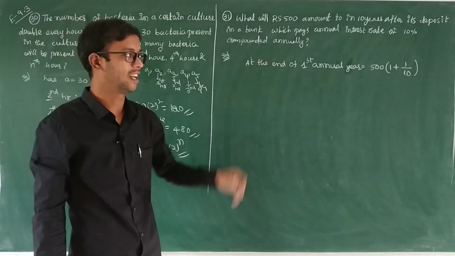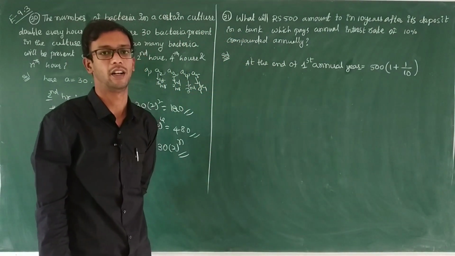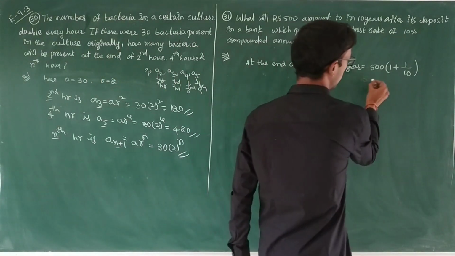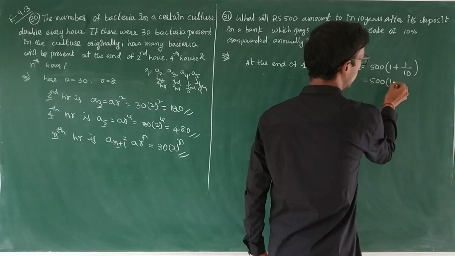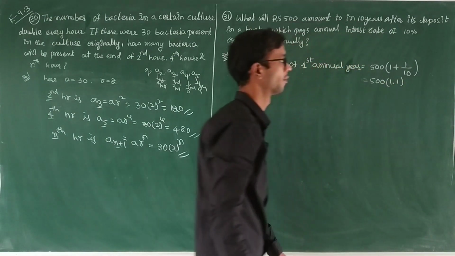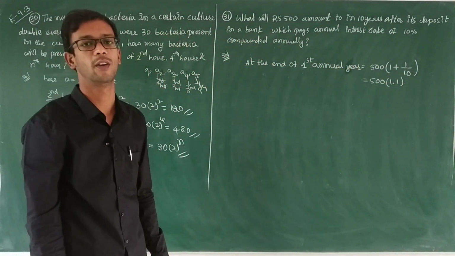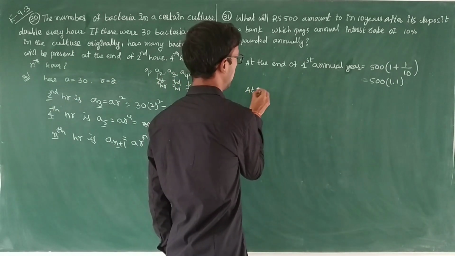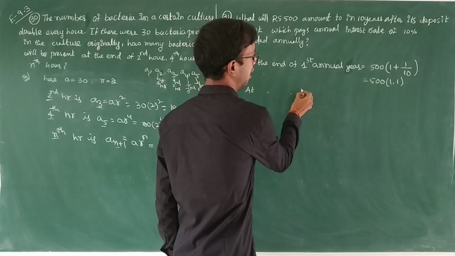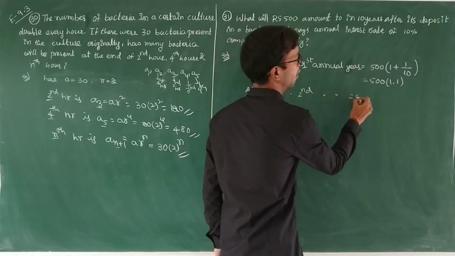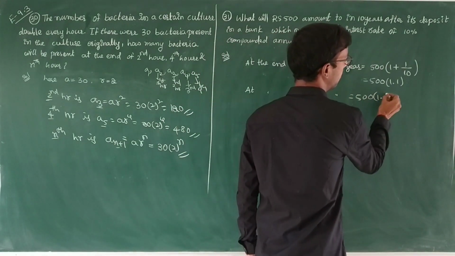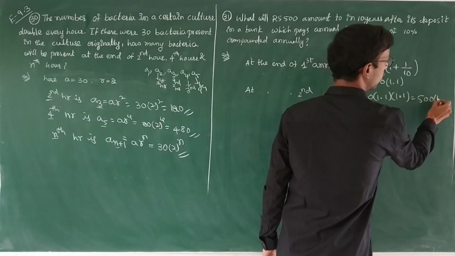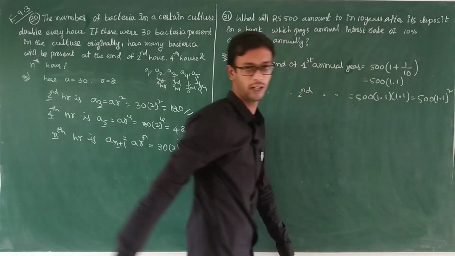Because the rate of interest is 10%, and 10% is nothing but 1 by 10. So how much will we get? 500 into 1.1, that is 1 plus 0.1. Next, at the end of the second annual year, 500 into 1.1 into 1.1, that is 500 into 1.1 square.